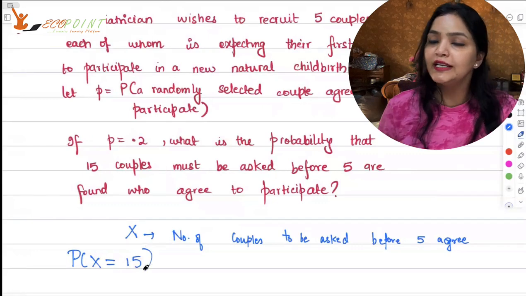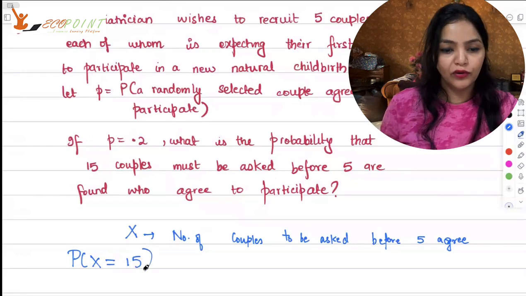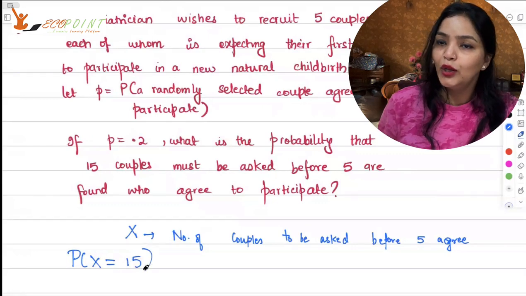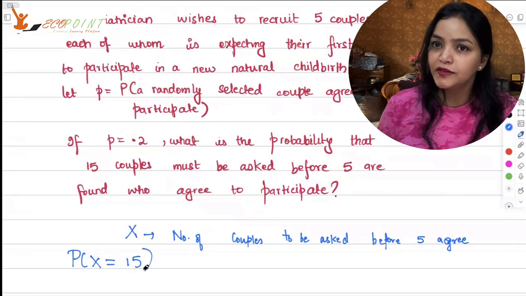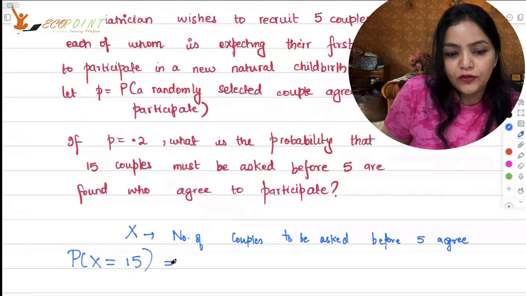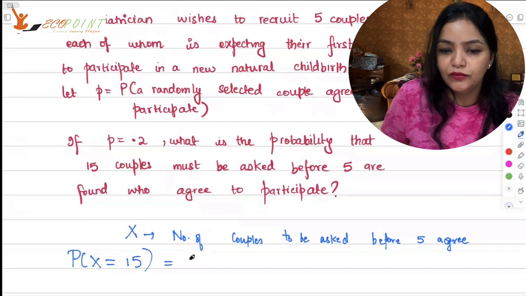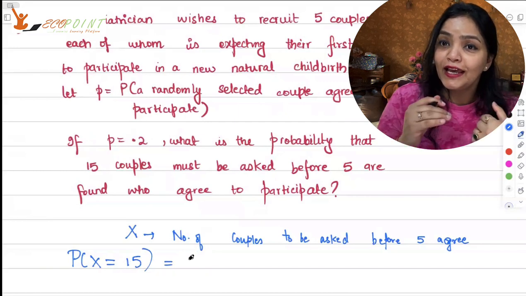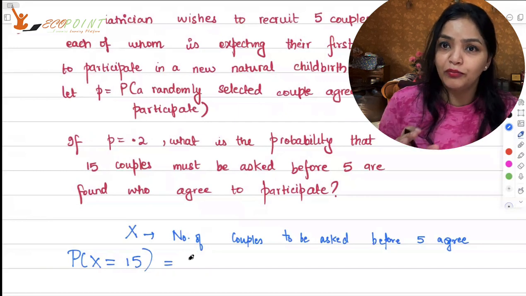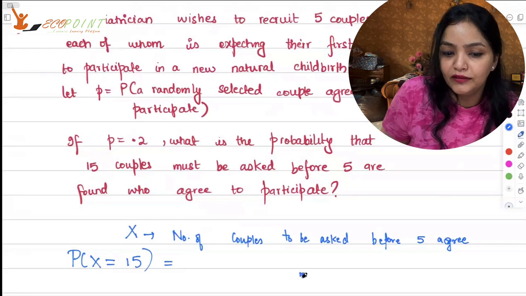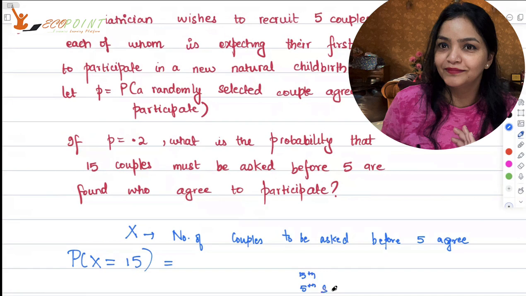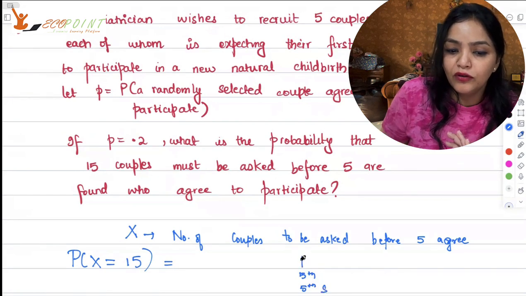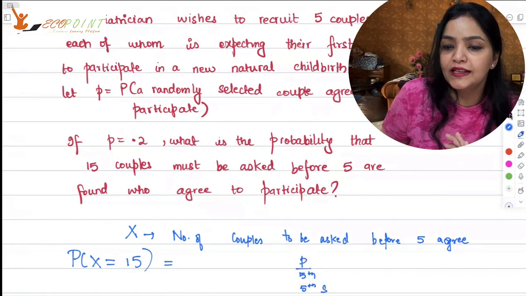What is the probability that I need to ask 15 couples before I get 5 couples who agree? Now again, understand, at the 15th couple you will stop. The 15th couple will be your 5th success. So you will have definitely a success there.